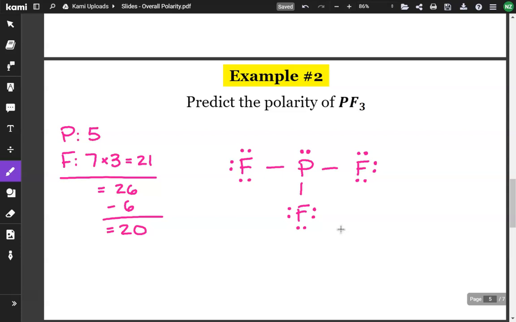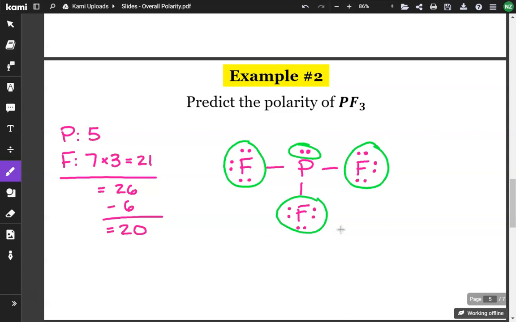Phosphorus gets 2, 4, 6 from all the single bonds. It needs 2 more for a lone pair. Everything attached to the central atom is the same, so it passes that check. But we have a lone pair of electrons. Because we have a lone pair on our central atom, this will be a polar molecule.